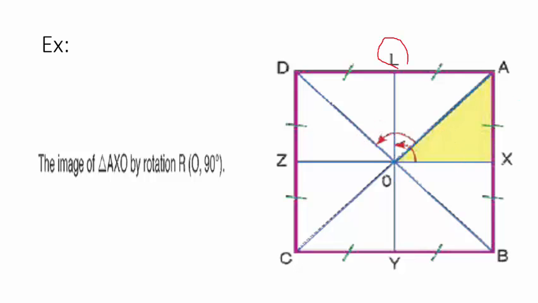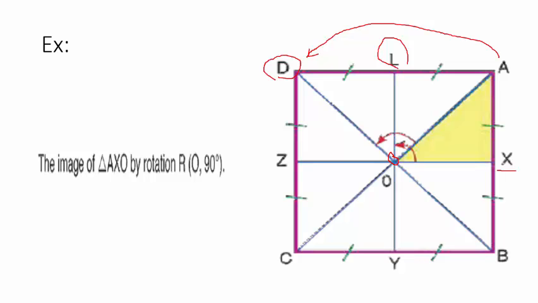This point X rotates by 90 degrees. Then L is the image of the point X when X rotates by 90 degrees in the direction of anti-clockwise. The image of A is D. And O will be itself.